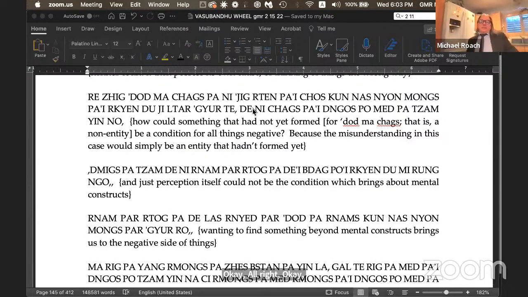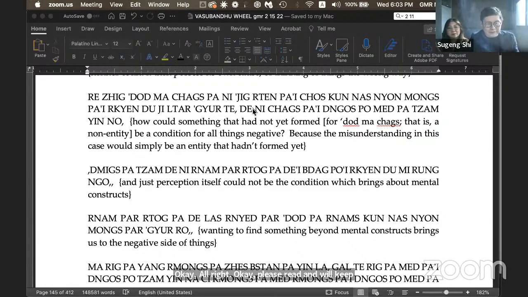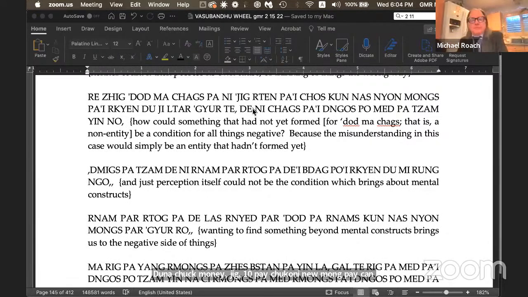Please read and we'll keep going. This is tough, I'm going to read this in a very unusual way, and I may be completely wrong. Chakpa can mean two things.